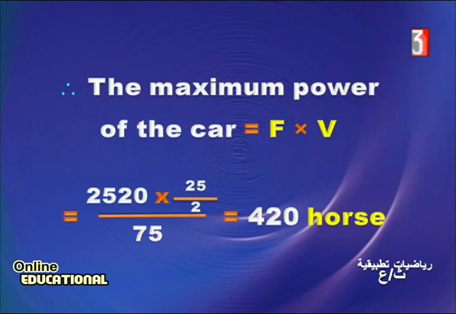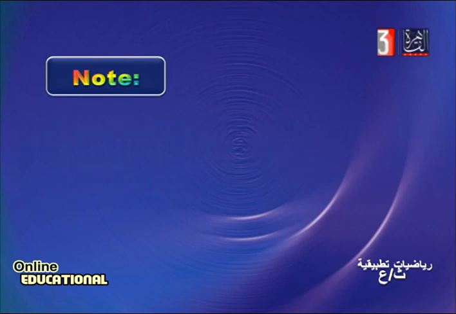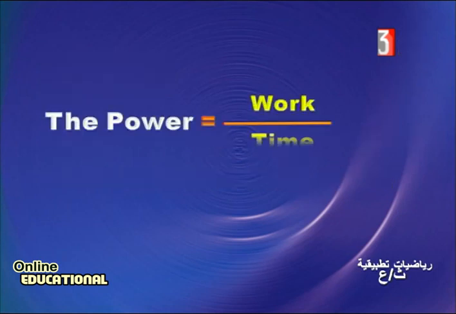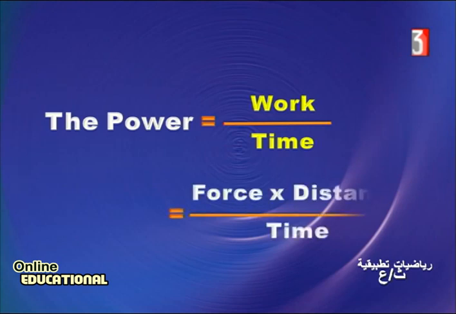Another important note: if the rate of doing work is uniform or constant, then the power equals work over time or equals force times distance over time. Let's have an example on this note.